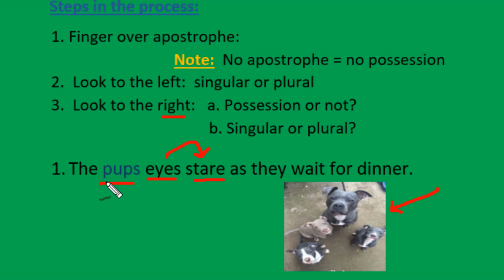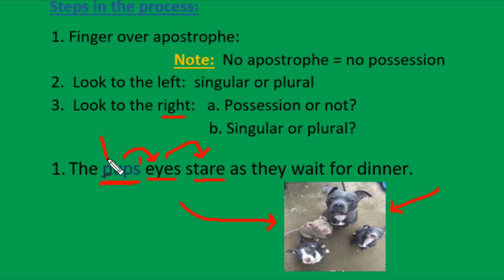Here's another word with S on it. Do pups own their own eyes? Yes. We need an apostrophe S on this word. Now, since we see over here in the photo, we have 4 pups, that's multiple or plural. So we put the apostrophe on the outside. See how we're going out of order, but we're still using these same 3 steps?